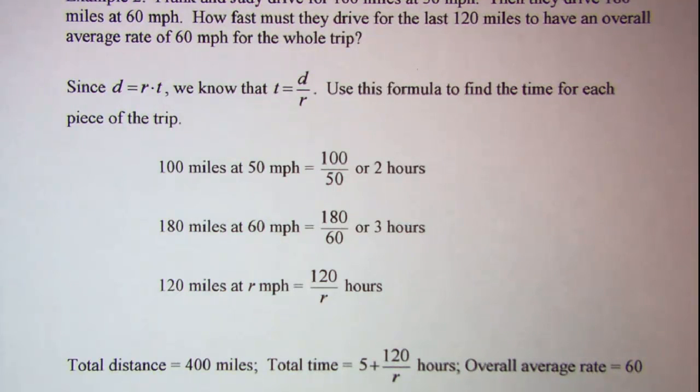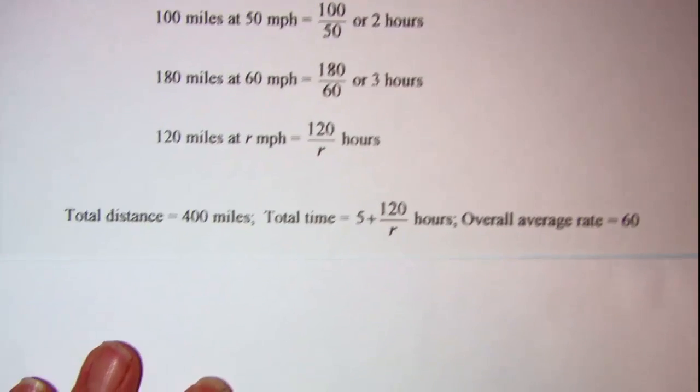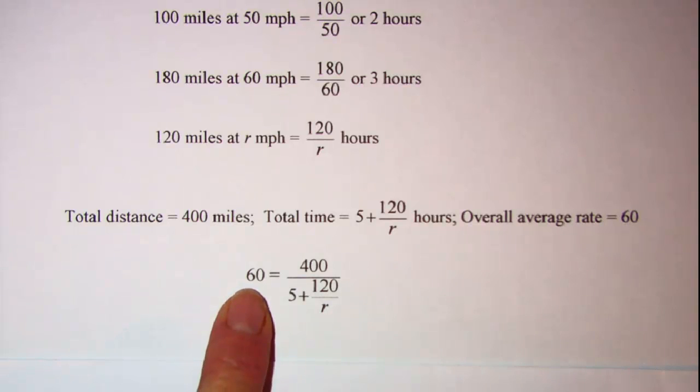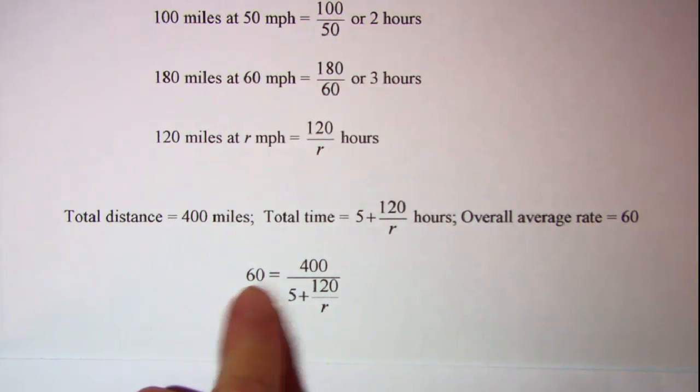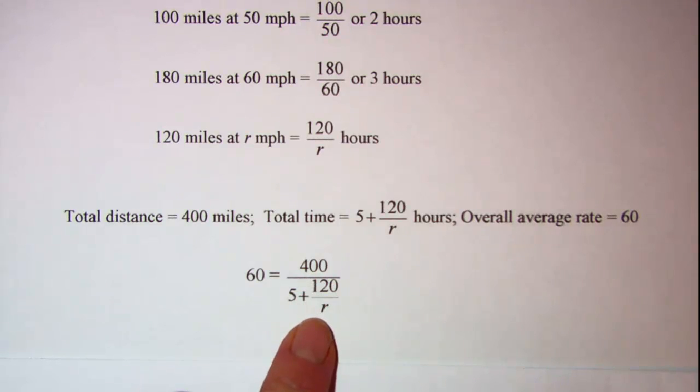So that's also going to be used in our problem. So using our overall average rate formula, we see that the overall average rate, which is 60, is equal to the total distance, which is 400, divided by the total time, which is 5 plus 120 over r.